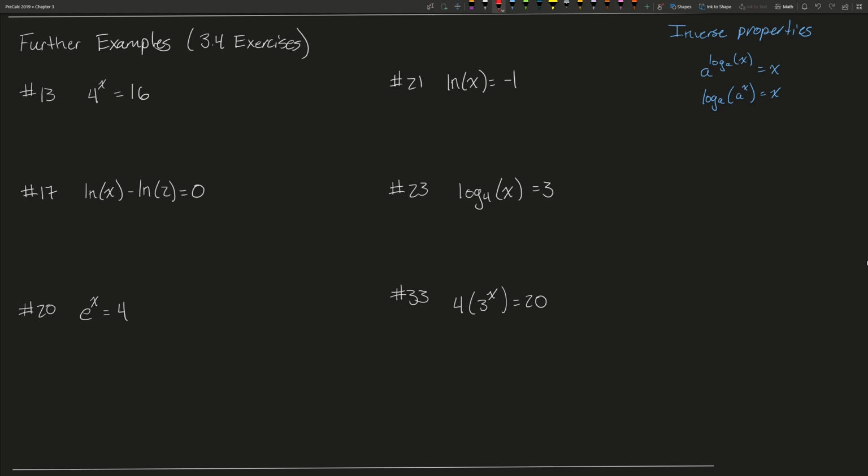You can still do that, so we can rewrite 4 as 2 squared to the power of x is equal to 2 to the 4th. Then we can clean up the exponents, so 2 to the 2x is equal to 2 to the 4th. We can cross out these bases, so 2x is equal to 4 and x is equal to 2.